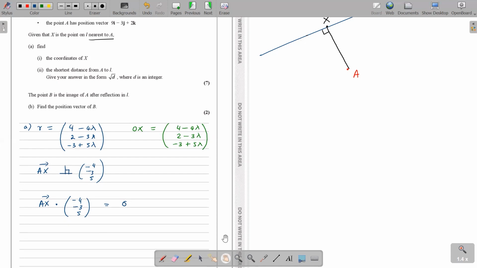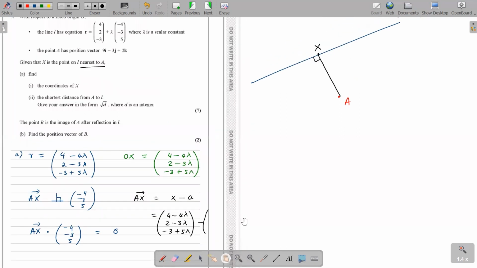Okay, the first thing is to get the AX vector. Shall we find the AX vector? AX is X minus A, right? The vector X minus the vector A. Vector X is (4 - 4 lambda, 2 - 3 lambda, -3 + 5 lambda), subtracting vector A, whose coordinates are given: (9, -3, 2).